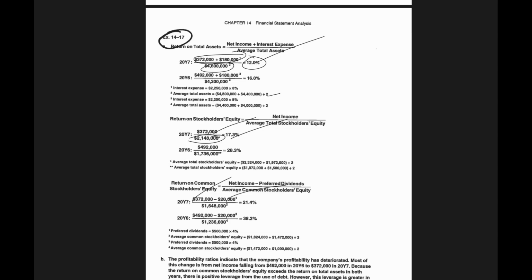The average common equity would be 250 plus the 1574 only for 07, and then comparing that to 06 of 250 plus the 1222. Taking the 07 number and the 06 number and dividing that by 2, you get 1648. And again, our return is 21.4, and it is decreasing, not what we'd like to see.